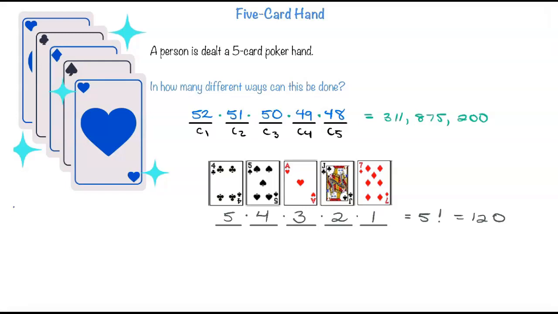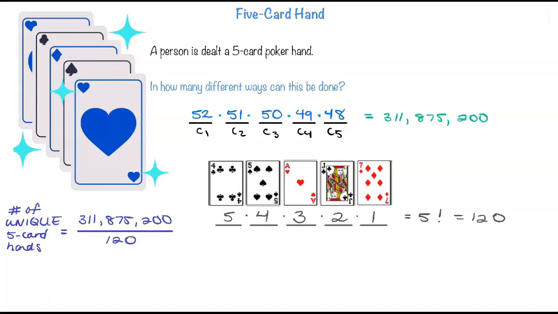So to find the number of unique hands, we'll take our total number, 311,875,200, and divide by 120. This gives us a much more reasonable answer, but still huge, 2,252,960. That's how many different ways you can be dealt a 5-card poker hand.